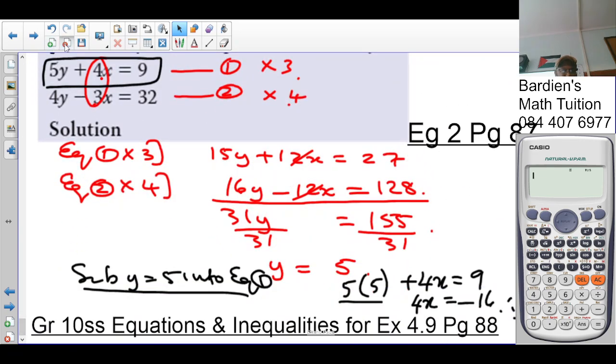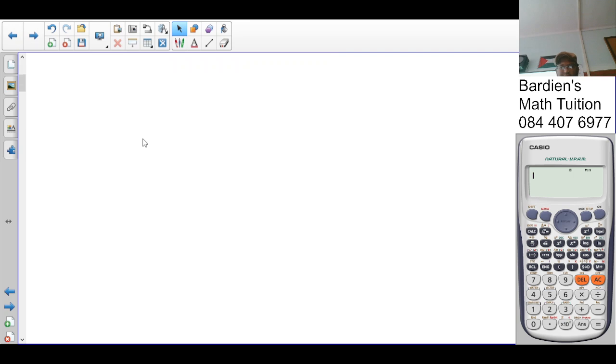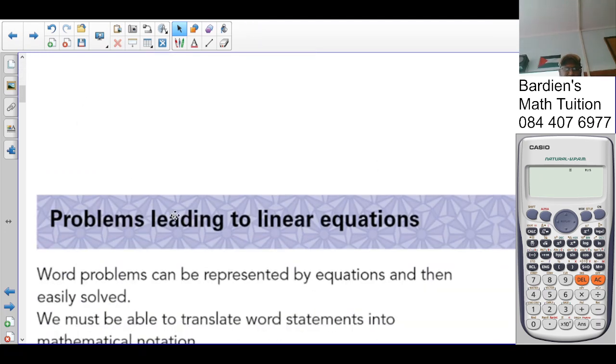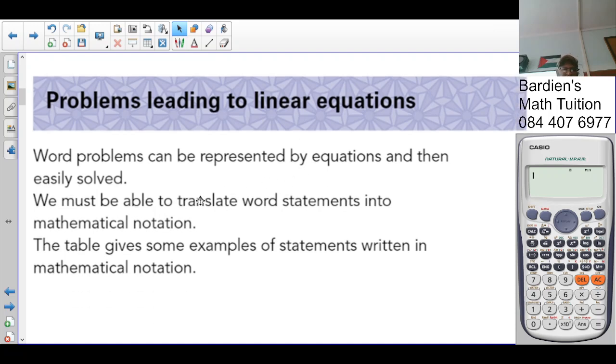No, we're not done with simultaneous equations. Did we do the sum already? Now we're looking at problems leading to linear equations. Word problems. As I'm hearing, you guys are really complaining.